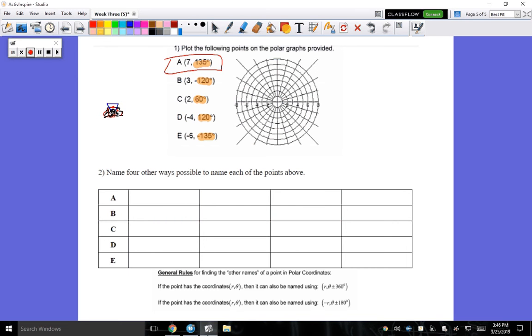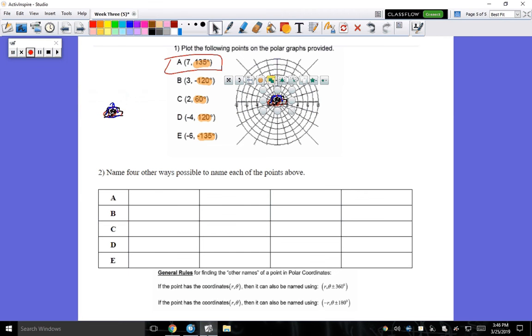So let me put on some glasses. There's my glasses. So you see me? It's a blob now. Oh crap, I'm recording. So I'm looking this way. So I'm going to go to the center.